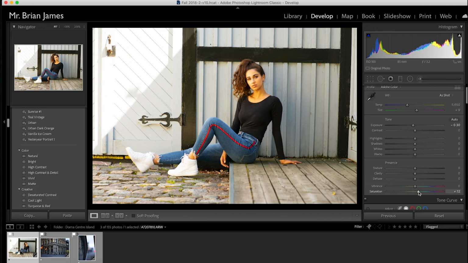Now, if you have a picture of a landscape with mountains and green grass and things like that, and you just want to add a little bit more pop, then do saturation. But for me personally, I never go beyond 10 or 12 in my saturation. There's almost no examples of when I will go higher than that, because I don't like to make all my colors pop so much, because I think at some point it looks fake. So my advice to you is always use vibrance whenever doing anything with skin tones.